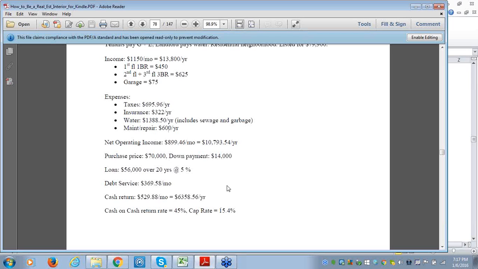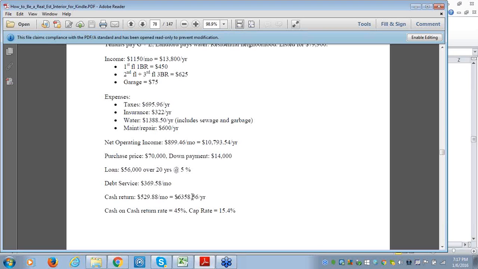Okay, that's cap rate. What savvy, experienced investors like to see is what's called a cash-on-cash return. What that means is your actual dollars out of pocket. In this case, it's $14,000 out of pocket. That's your cash you put into the property. And your cash in your pocket is $6,358.56 per year.